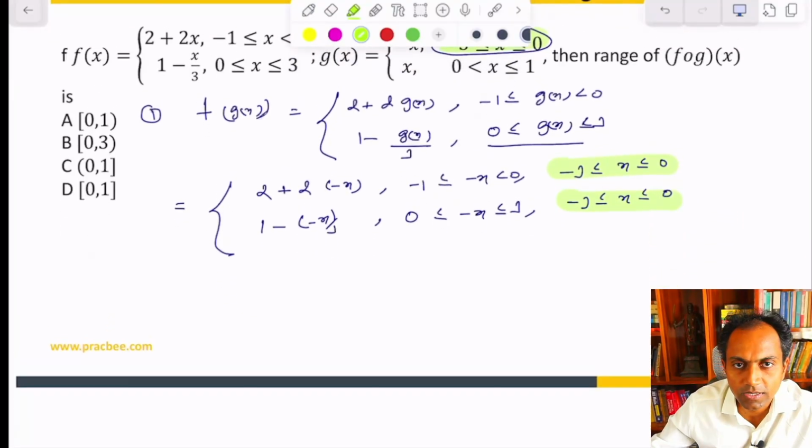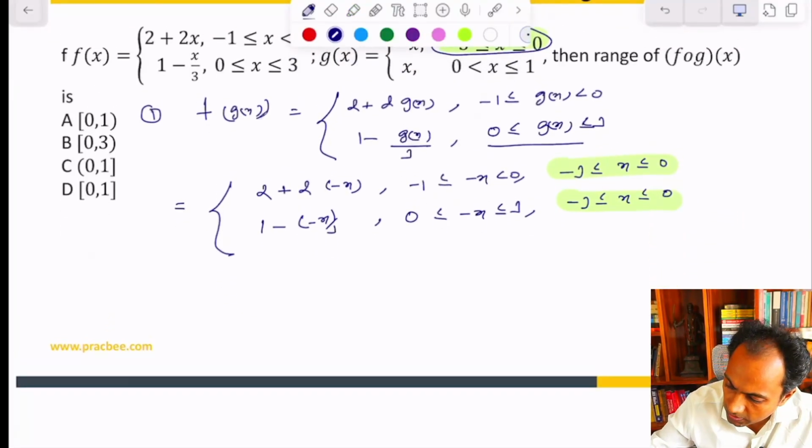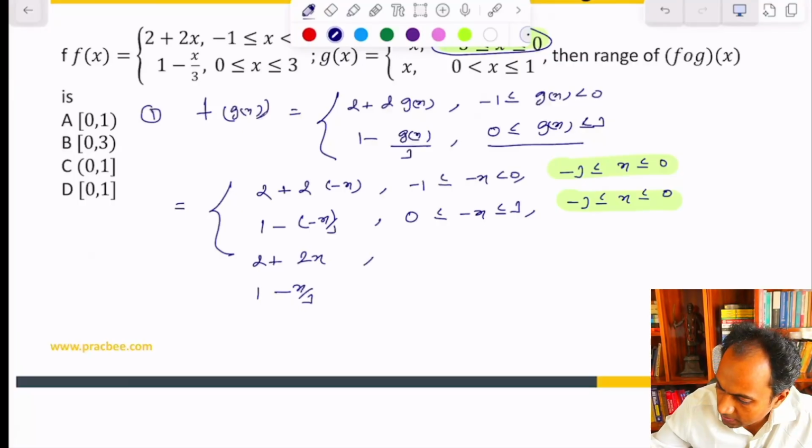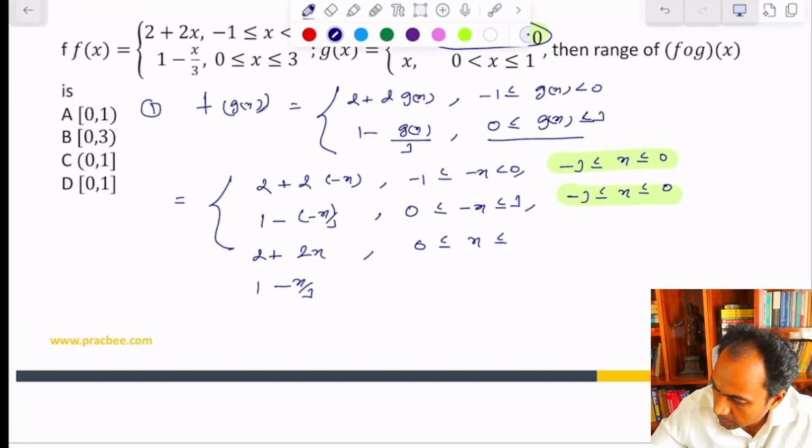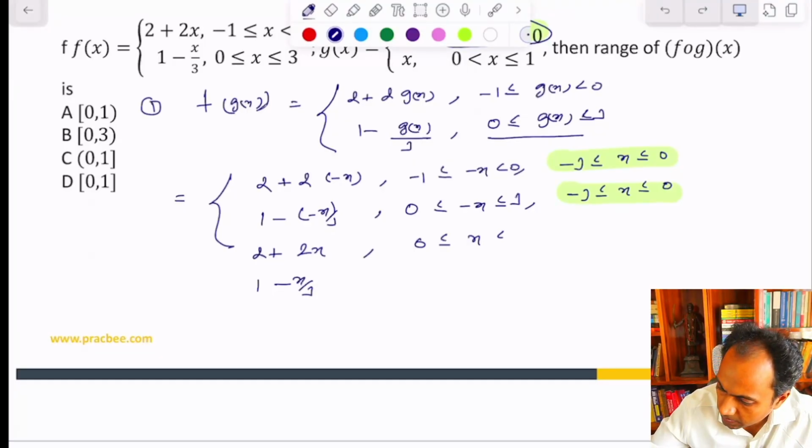Now you can see there would be one more variation to it where we can write the value as x. So that will become 2x, 1 plus x by 3, minus x by 3. Now once I do that, we know that this will happen between minus 1 and 0.